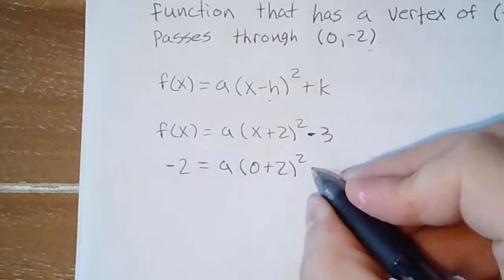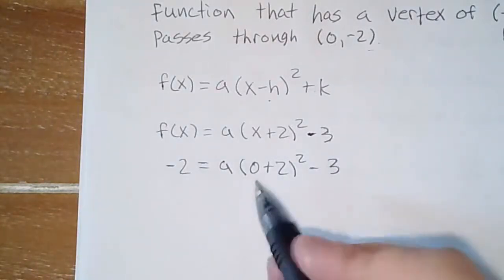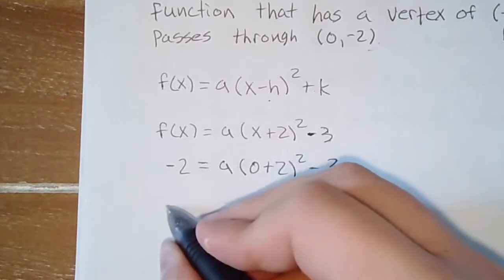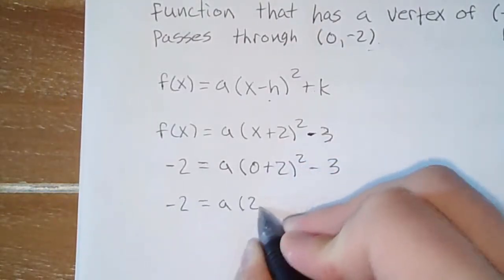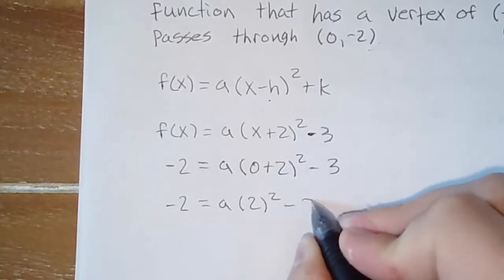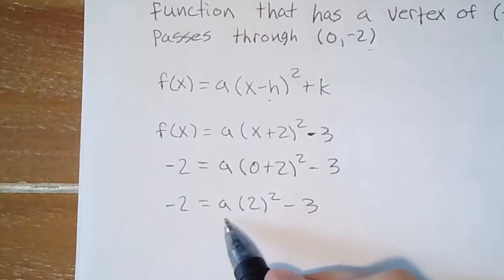Now I'm just doing a little bit of algebra. So 0 plus 2 is going to give me 2. 2 squared is 4, so really here I'm going to have 4 times a, which we can just say is 4a.